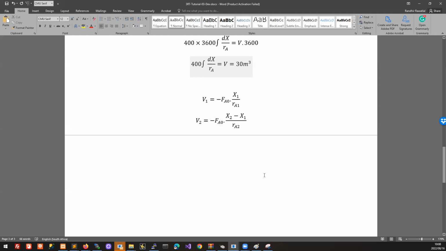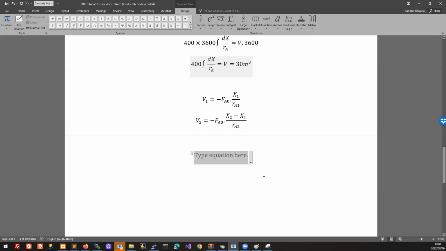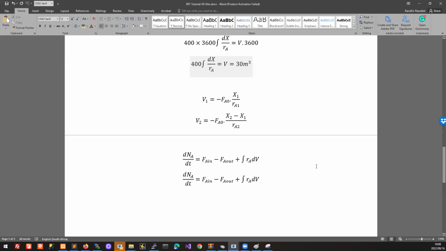So what I would rather do in a case like this is just rederive the equation. And I will often go all the way to the beginning to say dNA/dt equals FA in minus FA out plus integral RA dV. And we know that's the general one that applies to any possible reactor.